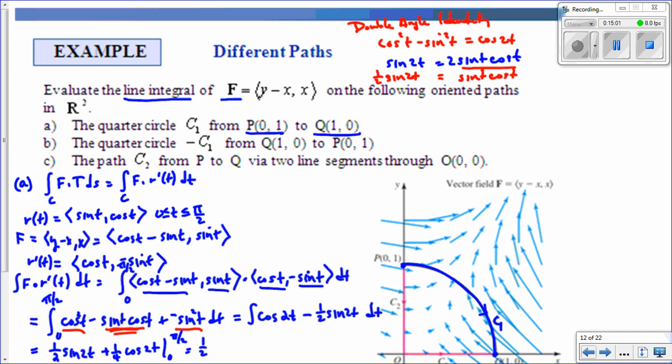So I have 1/2 sine of pi plus 1/4 cosine of pi minus 1/2 sine of 0 plus 1/4 cosine of 0.